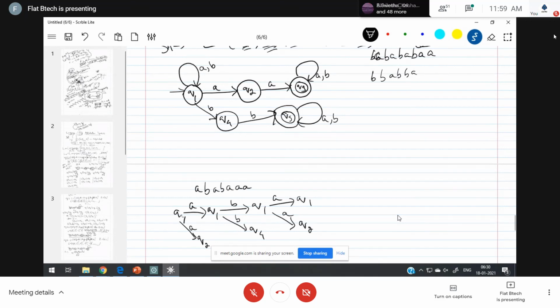Next, Q1, A completed, B completed, then A, then B. Q1 on B: Q1 itself, then Q4. Okay, the next one is A. Q1 on A: either Q1 itself or else Q2. So A completed. Next one is A: Q1 itself, then Q2.